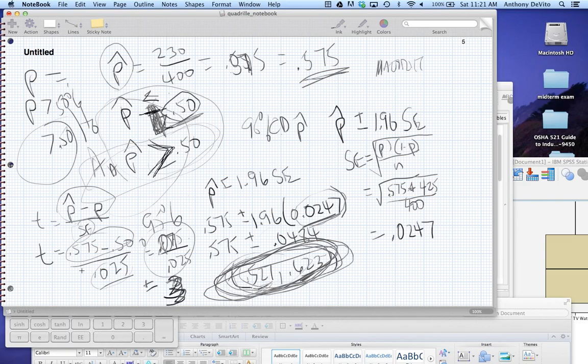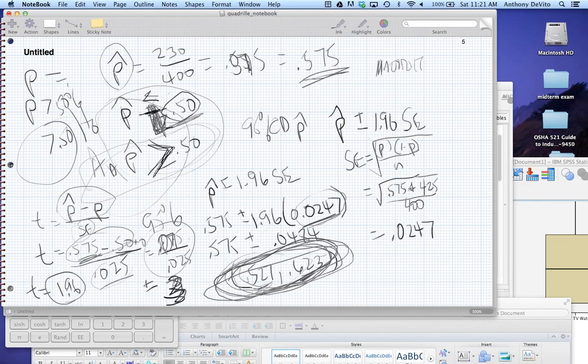So now this is a proportion. What does t have to exceed in order for us to reject the null hypothesis? How many standard errors apart do these two proportions or means have to be in order to reject the null hypothesis? Remember, it's a proportion now, a big sample size, so we're willing to accept as our critical value of t 1.96, the same thing we would use for z.